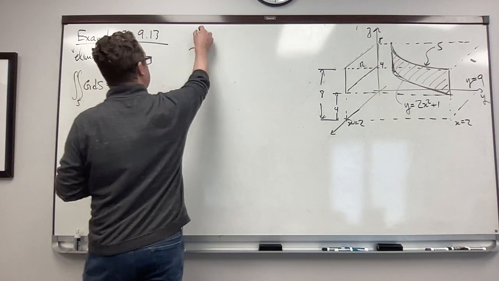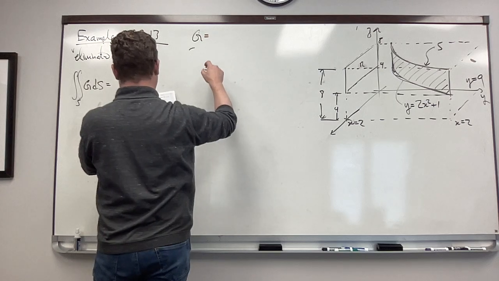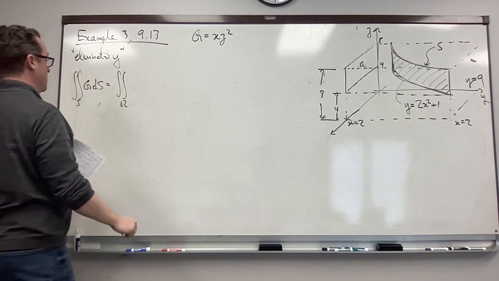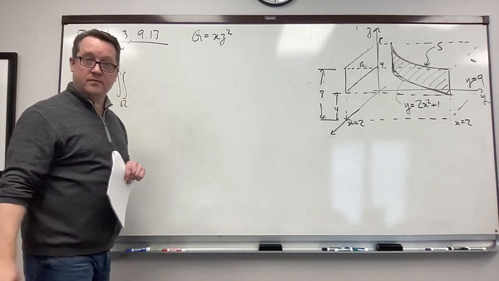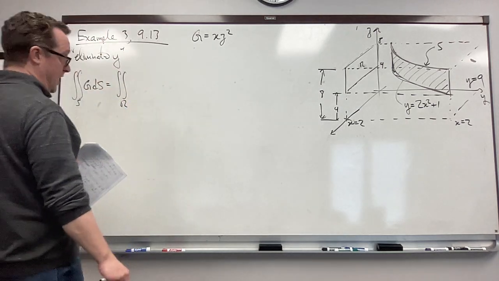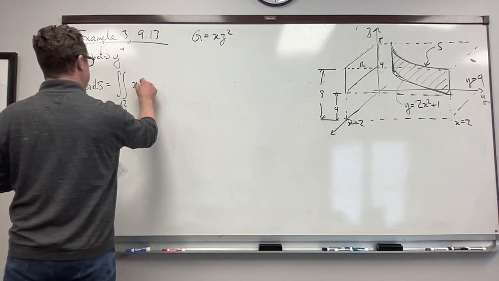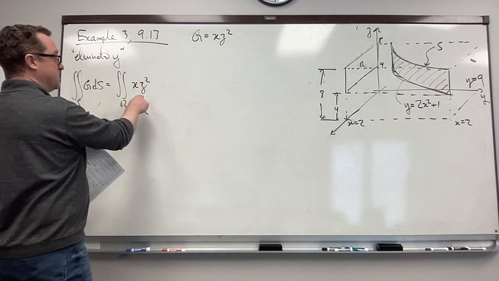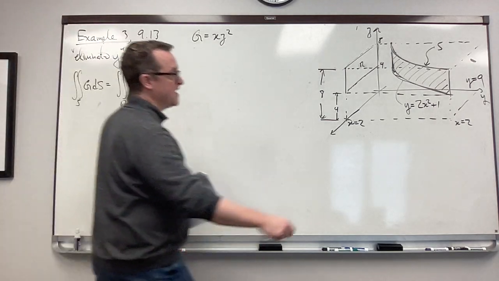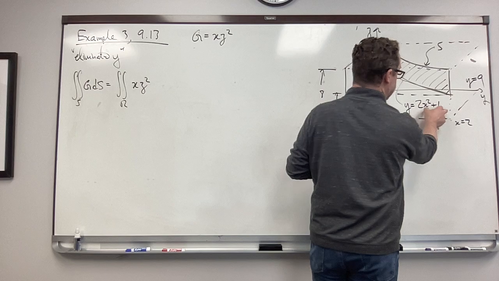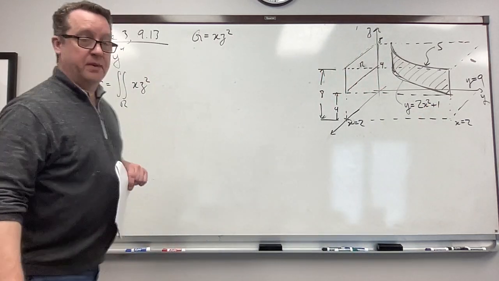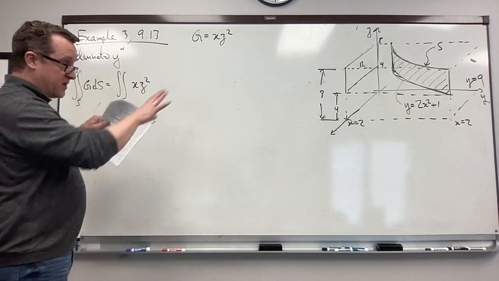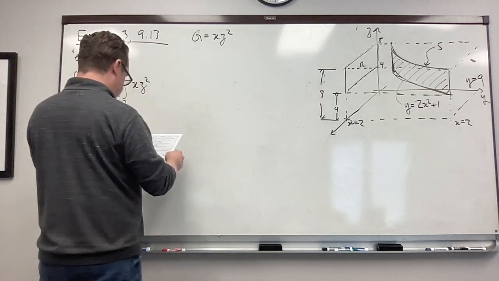Then we have G, which was xz squared. We don't have any y in G. G was independent of y, so this is just xz squared. If there was any y in there, we would replace it with 2x squared plus 1. We would eliminate y's in favor of x's and z's based on the surface. But in this case, capital G doesn't depend on y. It depends on the surface because it depends on x and z, but it doesn't depend on y.